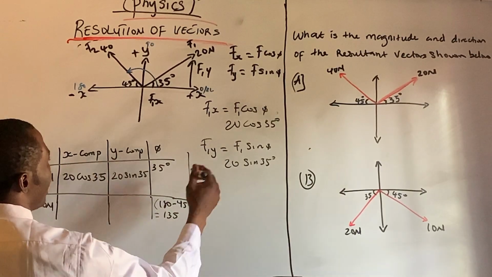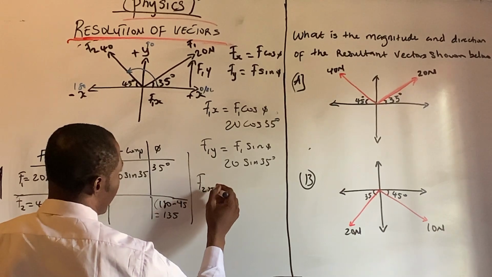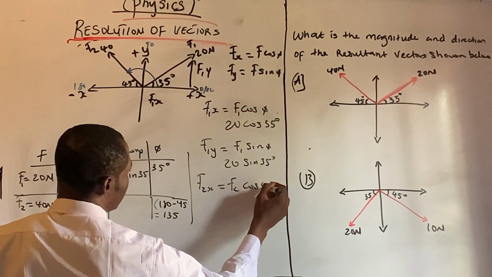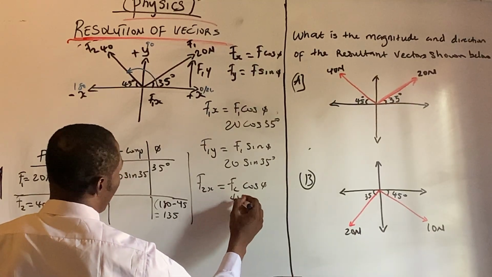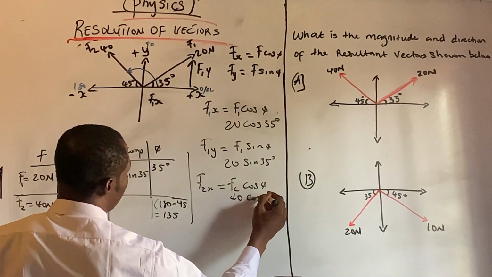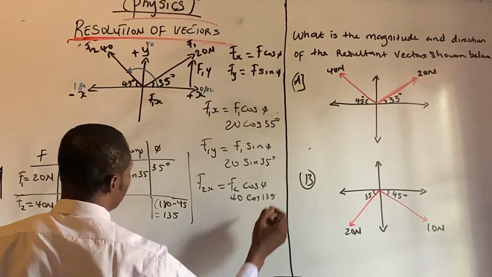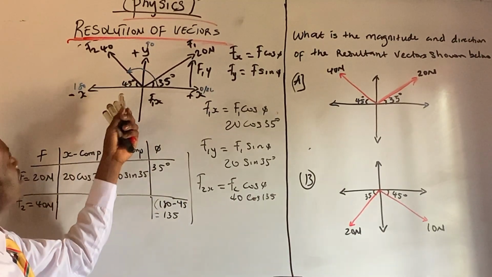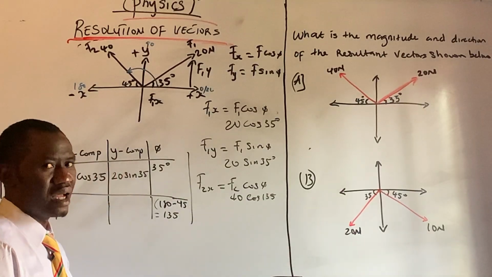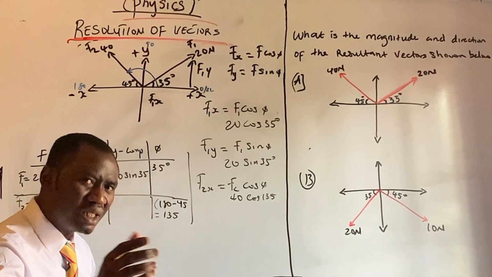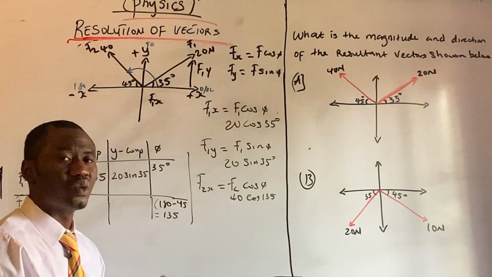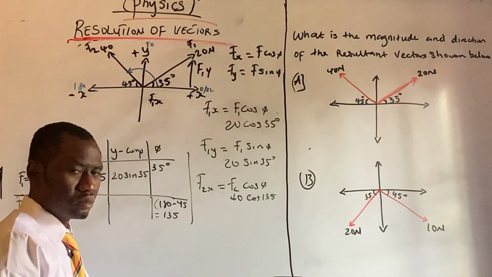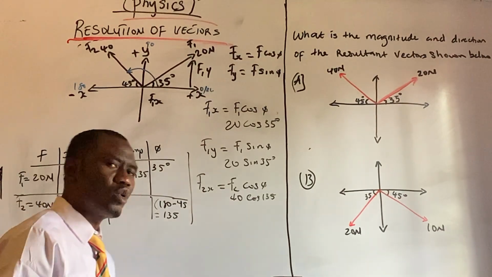So that my F2x will be equal to F2 cos theta, and that will be 40 cos 135. How do I get 135? 180 minus the 45, and I get my reference angle. Actually, you can put minus 45 here; you will still get the same answer. But I love using this method of solving to get an appropriate answer at the moment.